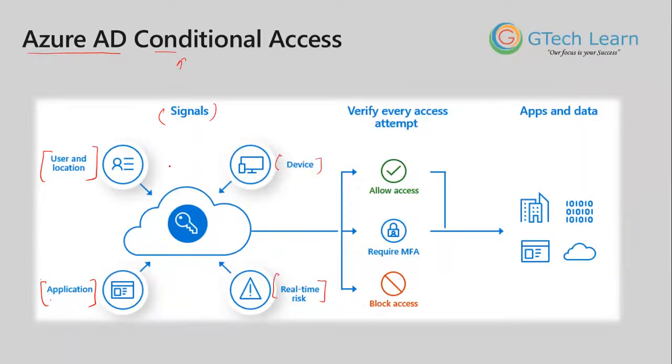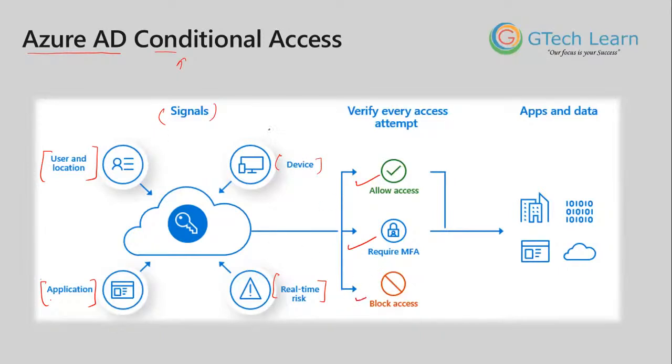Conditional access policies take signals from different scenarios, whether from the specific user, the location, the device, or the application. Depending on the signal or condition, access is either allowed, in which case we have to verify the identity in different ways like multi-factor authentication, or the action is blocked.